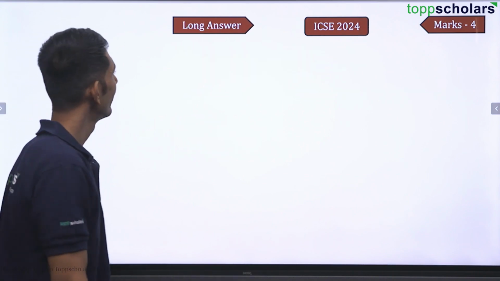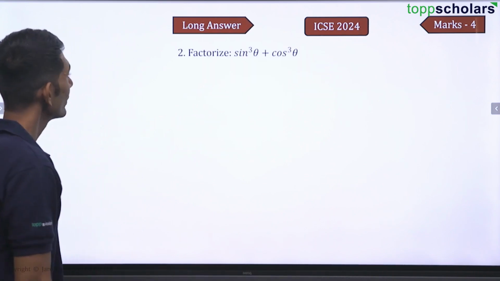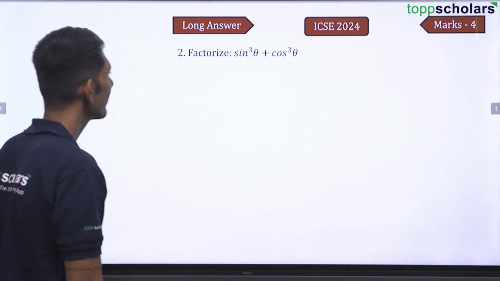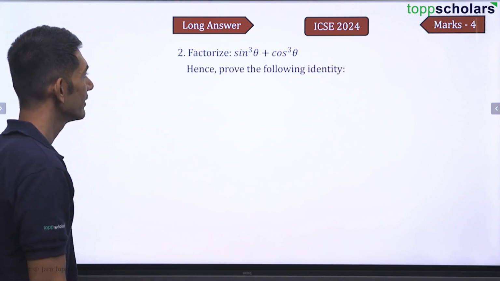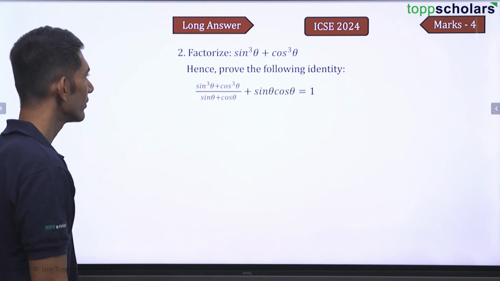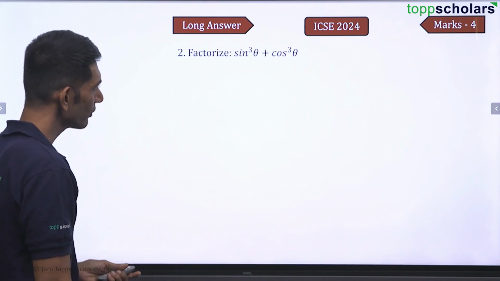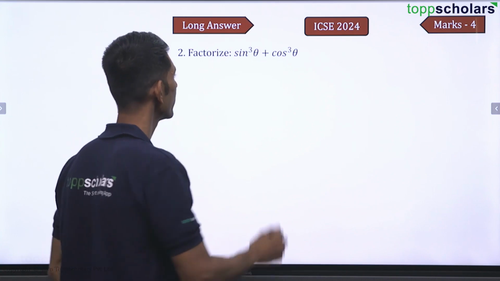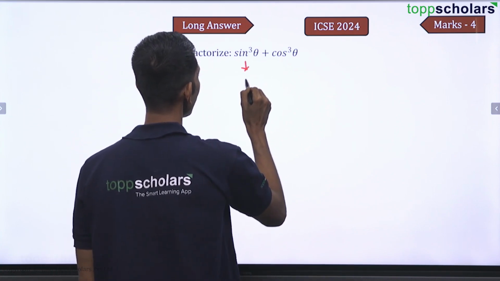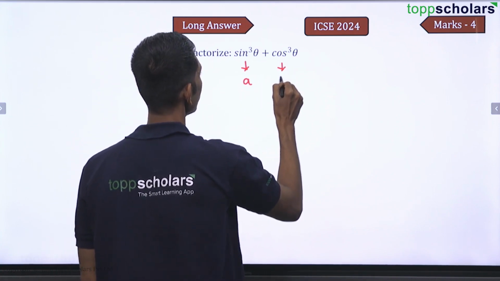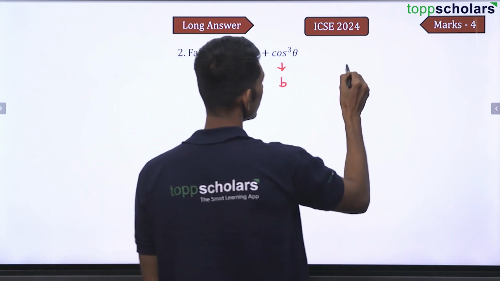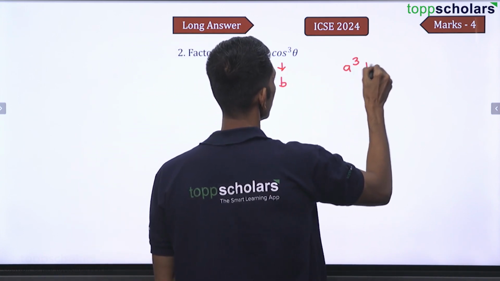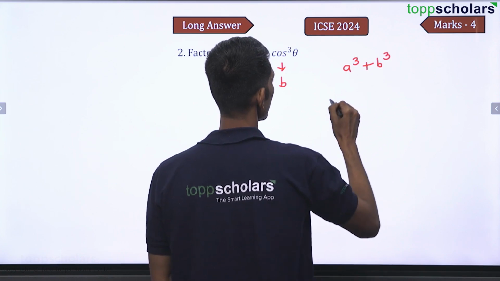Now the question says factorize sine cube theta plus cos cube theta, and also prove this part. Okay, let's focus on factorizing sine cube theta plus cos cube theta. Now can I consider sine theta as A and cos theta as B? So this is like my A cube plus B cube, right?